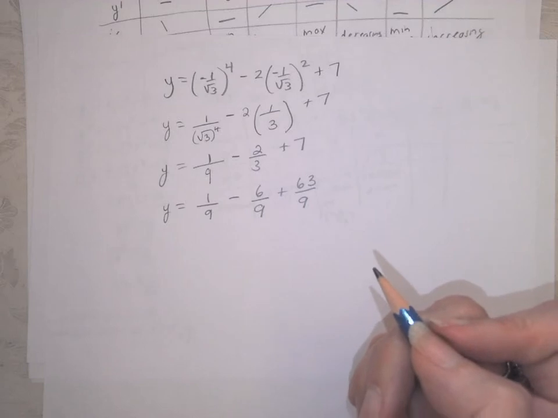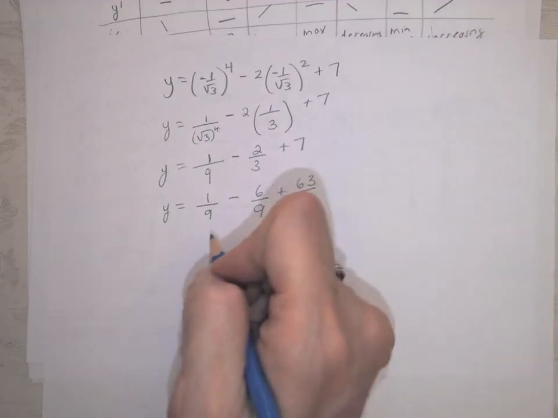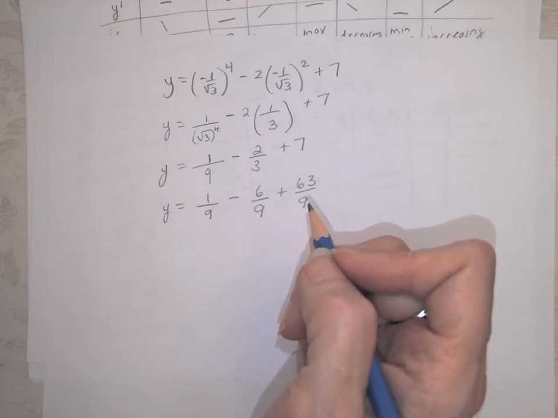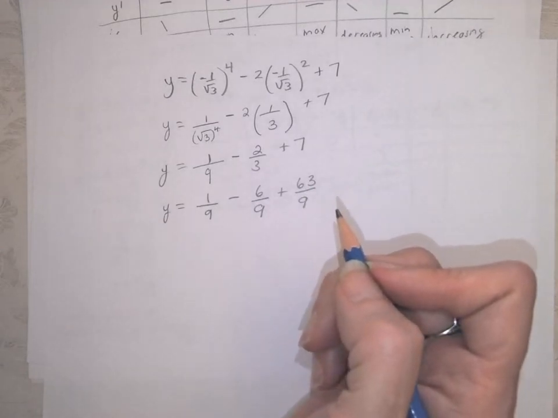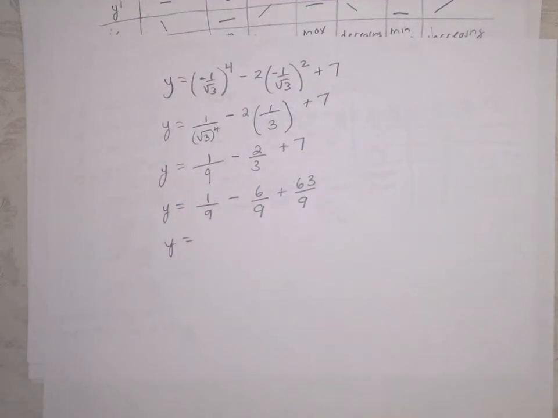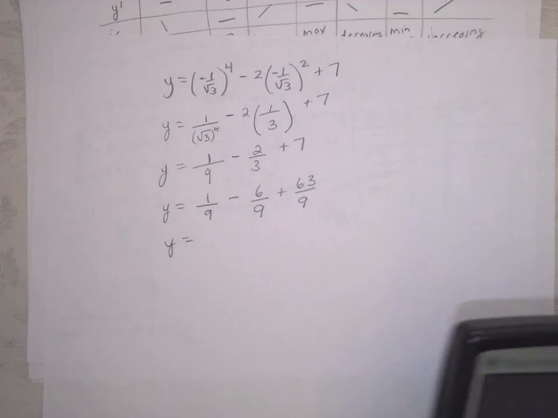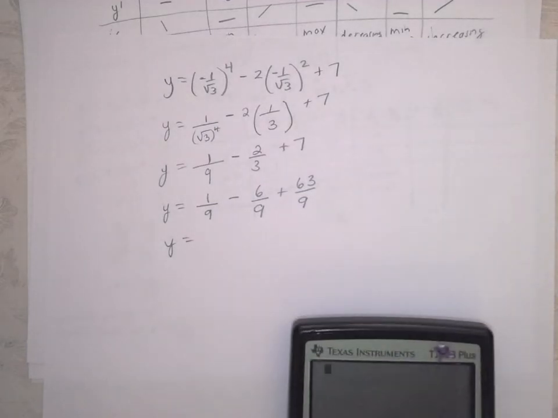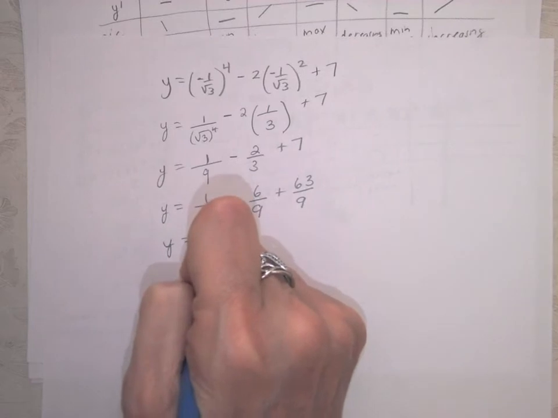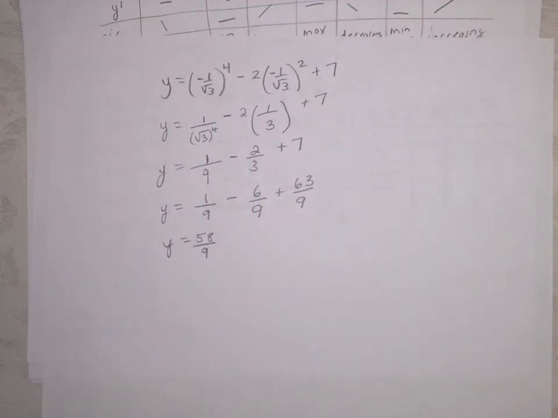And we would end up getting y equal to, let's see, 1 minus 6 plus 63, 58 over 9, which doesn't reduce. So there we go.